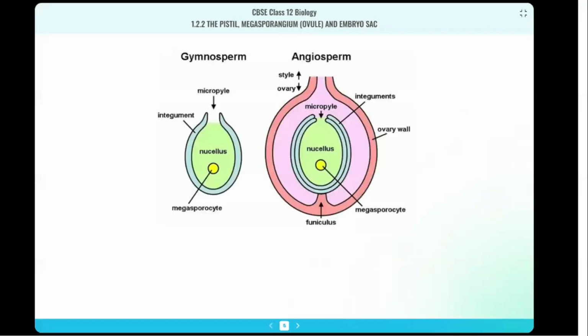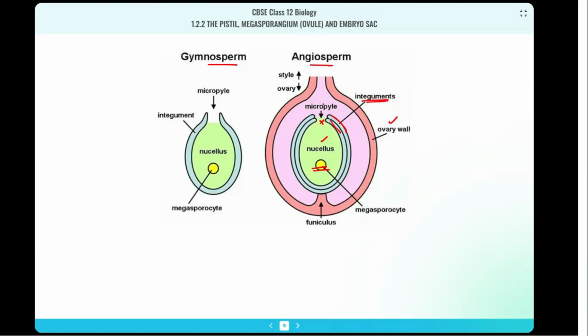Now, moving to the diagram which shows both gymnosperms and angiosperms. In angiosperms, as we discussed, they are having a nucellus area, and this is a megasporocyte, which is the female gametophyte, and they are having a small opening over here that is a micropyle. They have two outer layers of covering, that is the integuments, and the ovary wall.